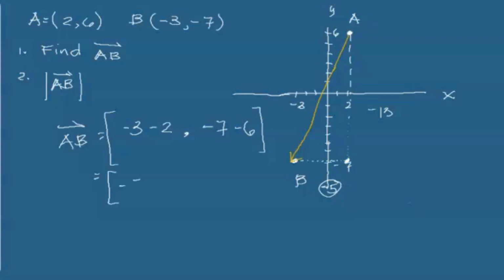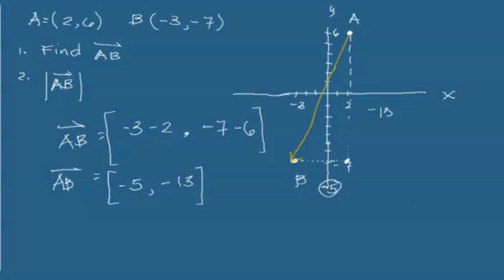So this is equal to negative 5, negative 13. So that's how we can interpret our vector AB.